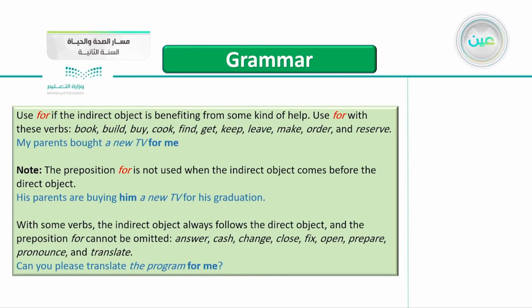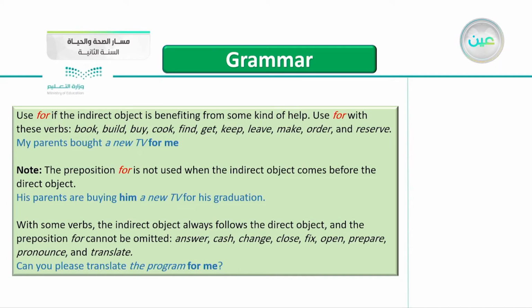With some verbs, the indirect object always follows the direct object, and the preposition "for" cannot be omitted. We cannot remove it, like answer, cash, change, close, fix, open, prepare, pronounce, and translate.